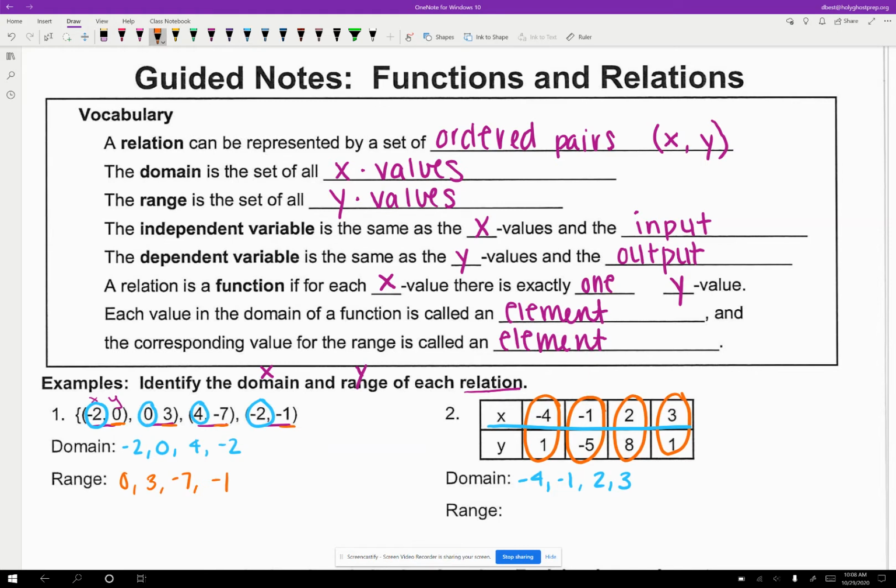And my range, going across the bottom, all my y values, 1, -5, 8, and 1. So I always remember domain and range because just like x and y are alphabetical, domain and range are alphabetical. So domain paired with x, range with y.